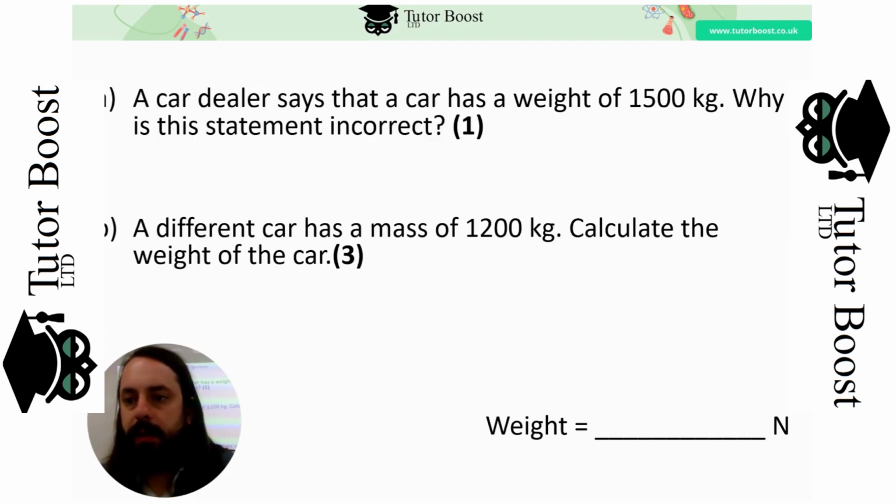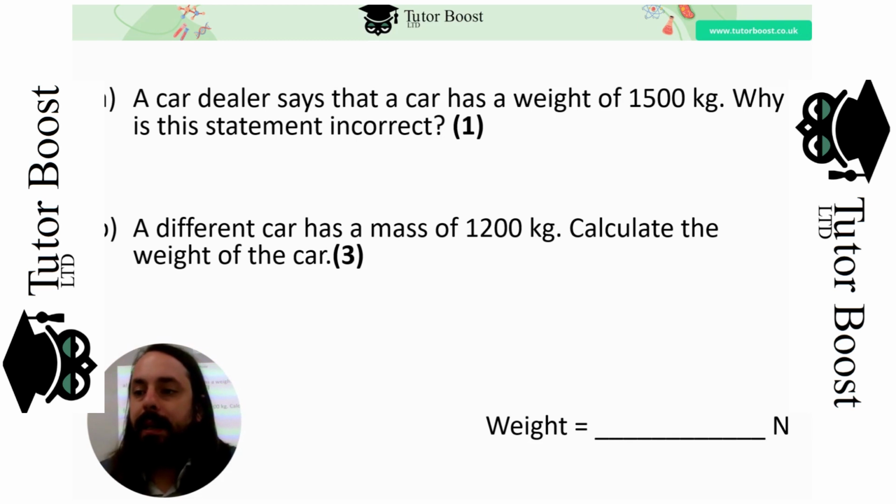Okay, let's solve these two questions. Remember to stop the video if you want to attempt them yourself. So we've got a car dealer that says that the car has a weight of 1,500 kg. Why is this statement incorrect? Well, people, when they use common language, they have misconceptions. They do not use physics language, right?